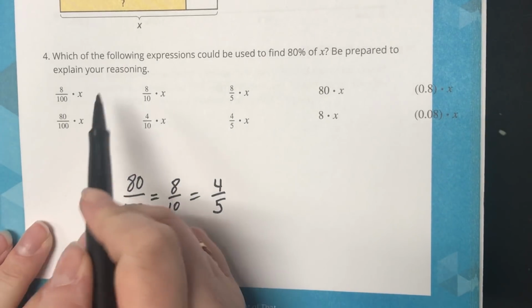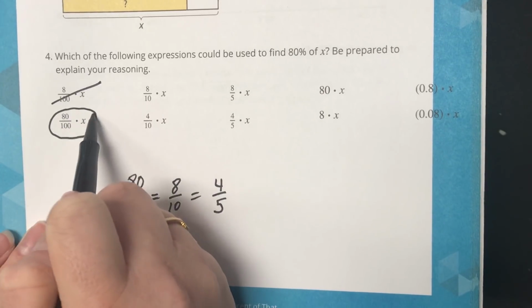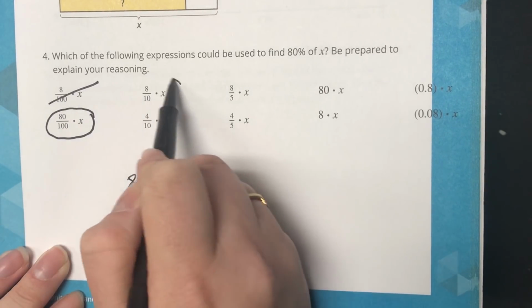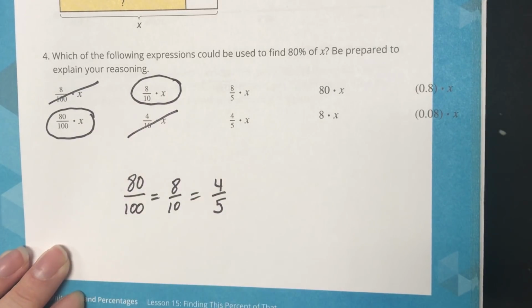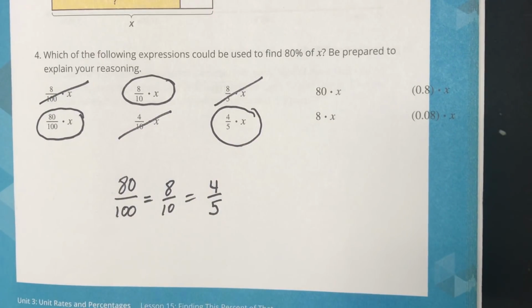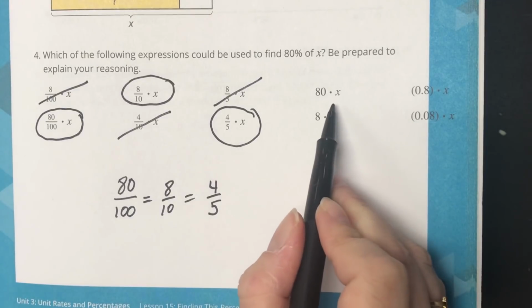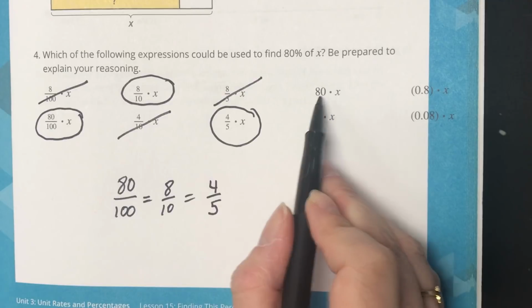So 8 over 100, no, that's not the same. 80 over 100 times x, 8 over 10, 4 over 10 is not the same. 8 over 5, that's not going to be the same. 4/5 times x is the same. 80 times x. Now remember, I talked to you about this. If you do 80 times x, you have to put 80%.